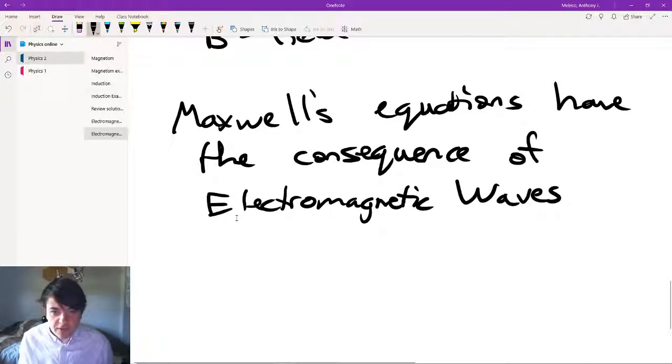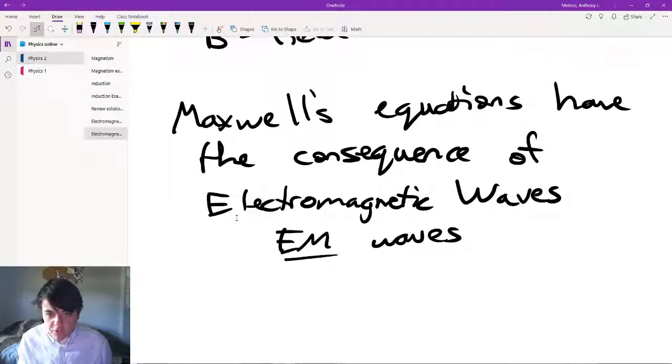These are also abbreviated EM waves, is what I'll usually refer to them as.